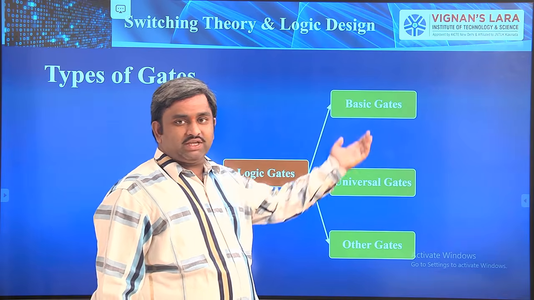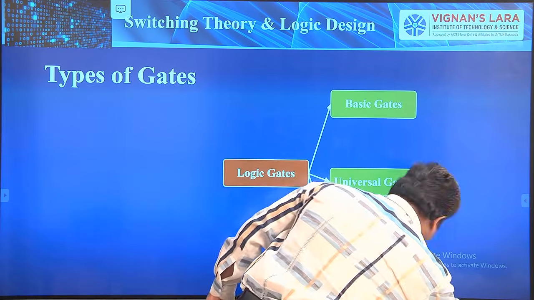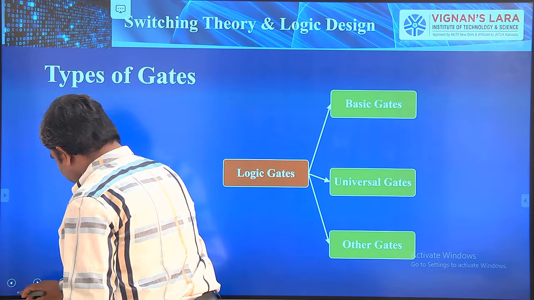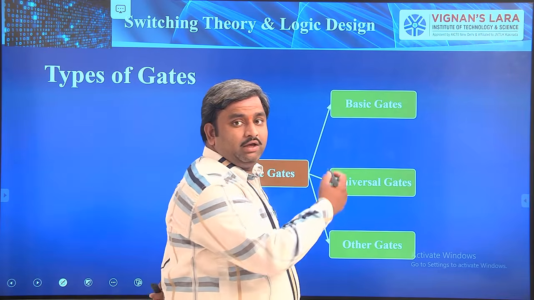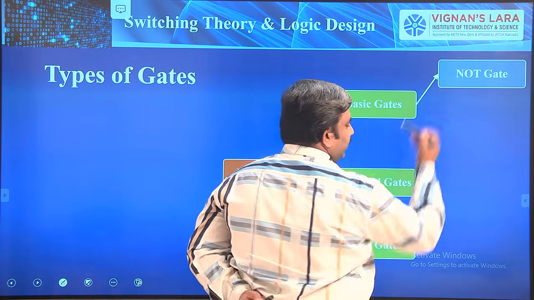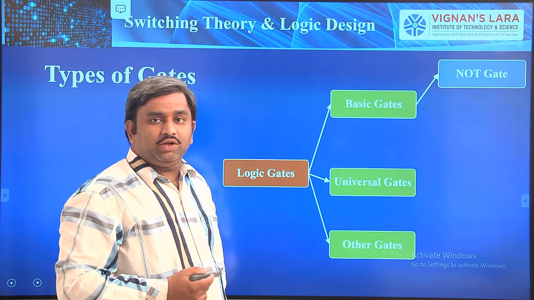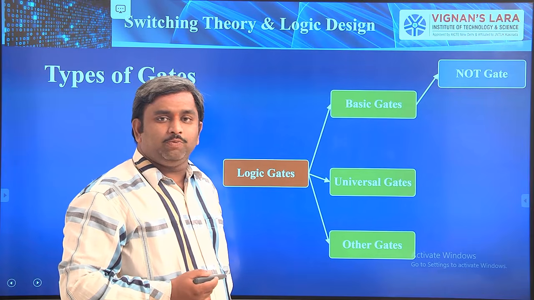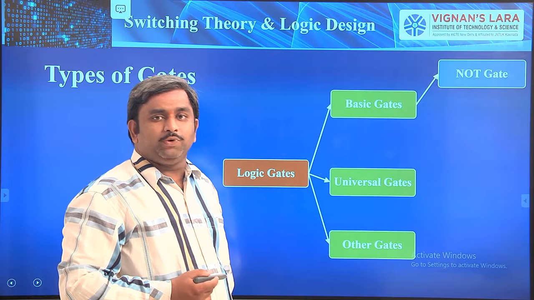Coming to the first one, basic gates. There are three different types of basic gates. The first one is the NOT gate. The NOT gate acts as an inverter. If you give the input as 0, the output will be 1. If you give input 1, the output is 0.